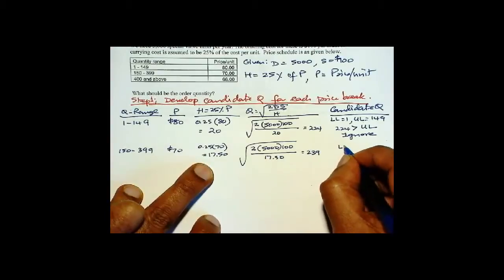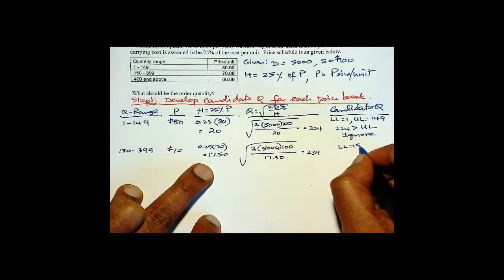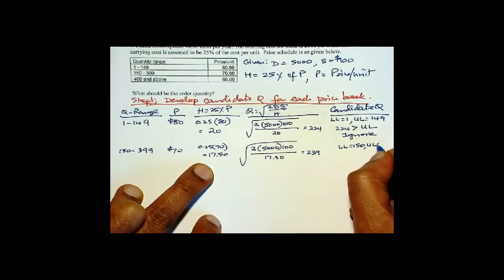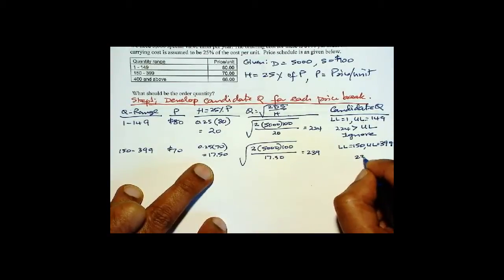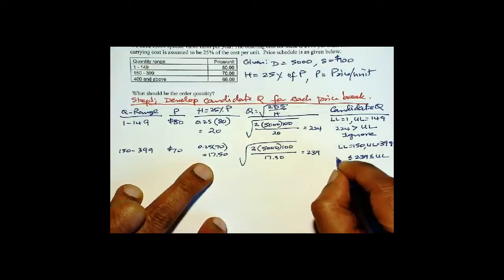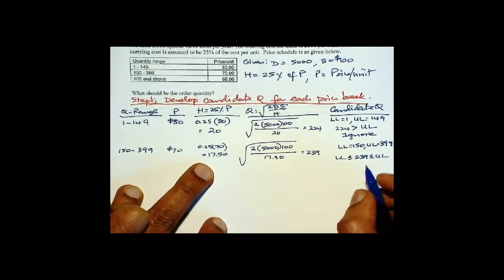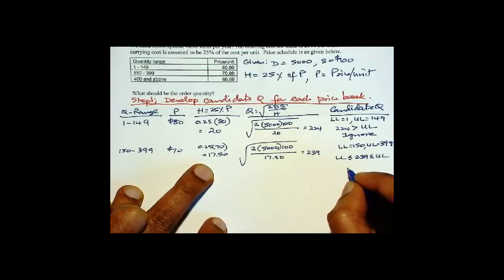And now the lower limit is 150, upper limit is 399. Okay, so 239 is between the lower limit and the upper limit, so candidate Q is 239.